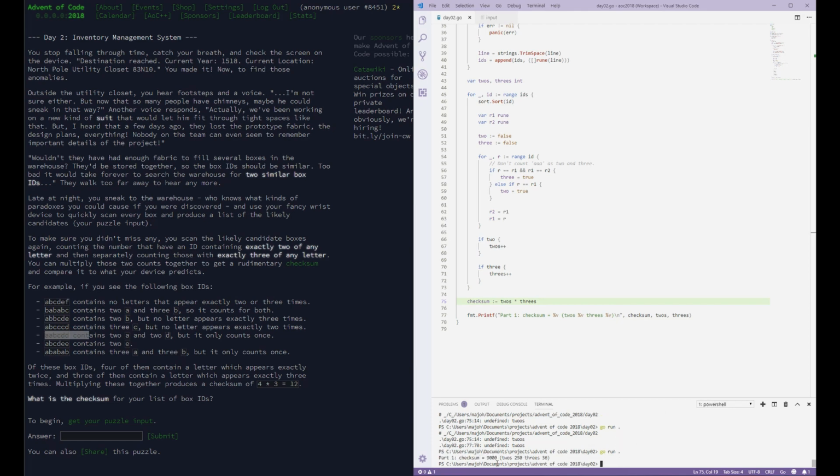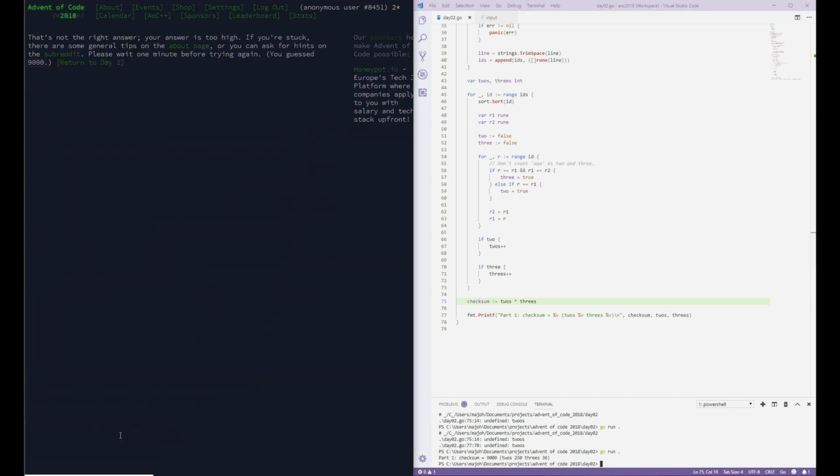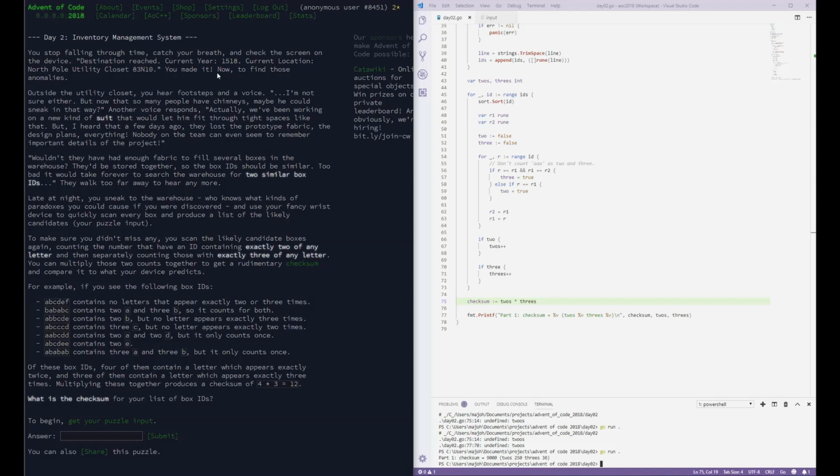Checksum 9,000. It's a nice round number. But I do believe I'm going to try that out, but I'm pretty sure that's the wrong answer. It's too high, yeah, because it's double counting here. So if I did count, then I need to clear them, right?